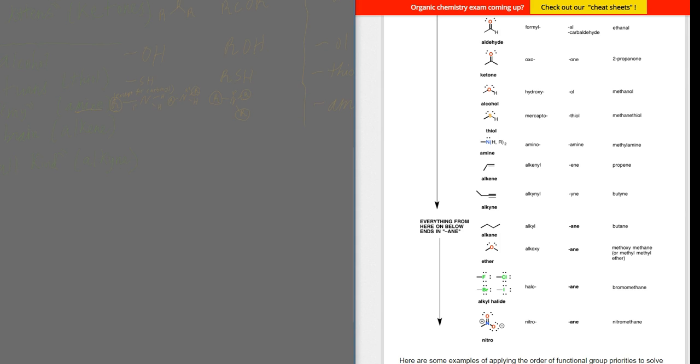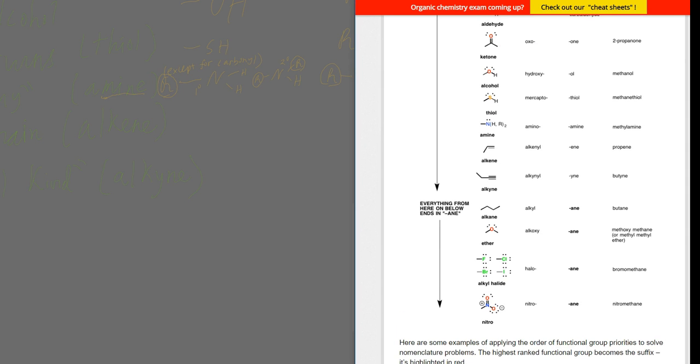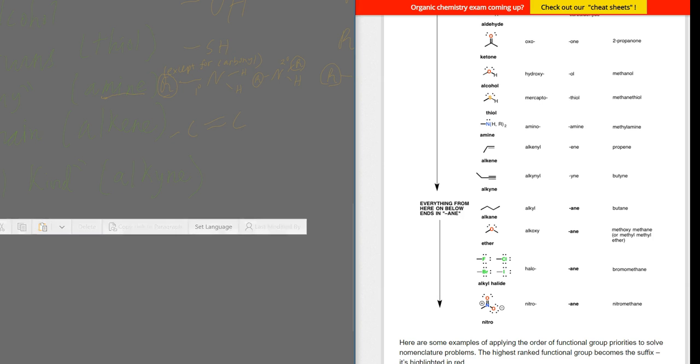I associated brain with alkene. Just because they kind of sound similar. Brain, alkene, kind of. Well, I mean, it's just double bonded carbons that we're talking about. Something of that sort.